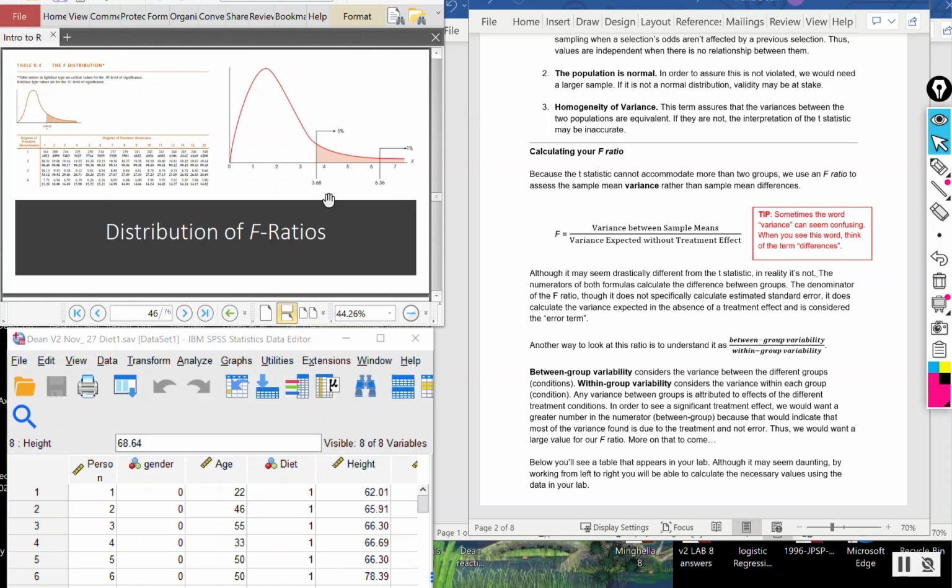So if you have a T statistic that is 3.68, you're usually going to get a P that is less than 0.05. Your P-value is really going to reflect there's a significant difference between the groups.